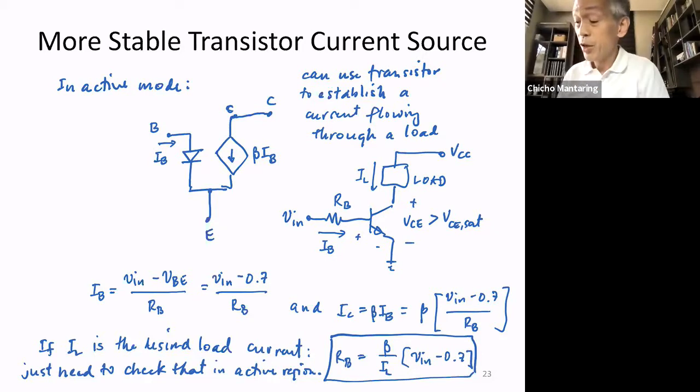Okay. So given a desired load current, you just use this formula. Now, what's wrong with this circuit, or what is the disadvantage of this particular circuit? Or a weakness, no? The weakness of the previous circuit.